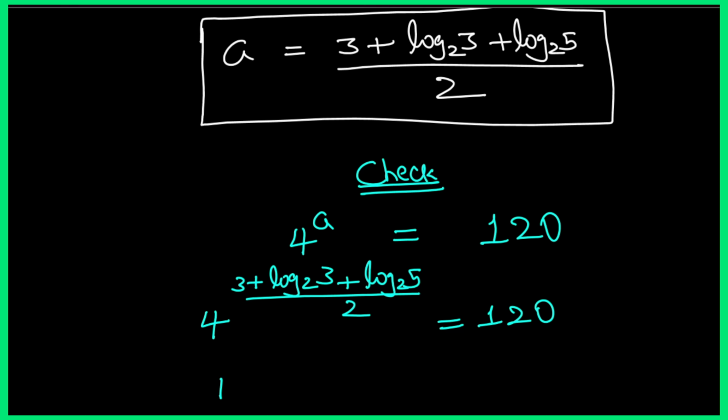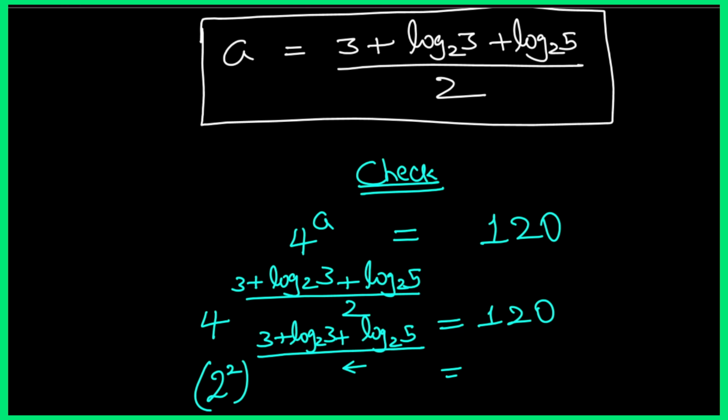Now 4 can be written as 2 squared, so this 2 and this 2 cancel out.